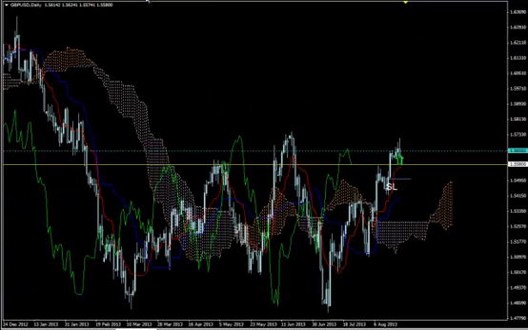Let's go to the daily chart and see why. Yes, on the daily chart we see that there is a flat top Kumo, which is a magnet, and it's going to attract the price.